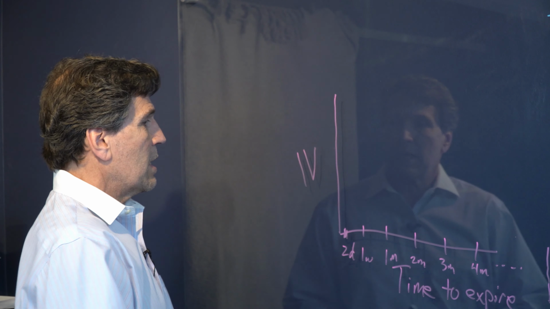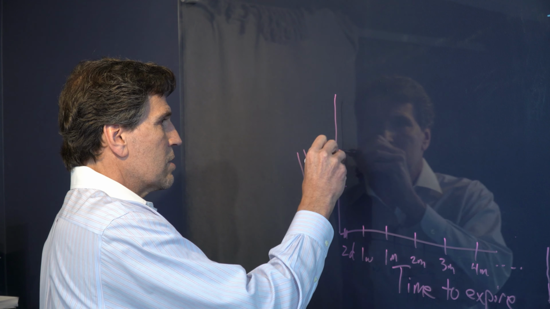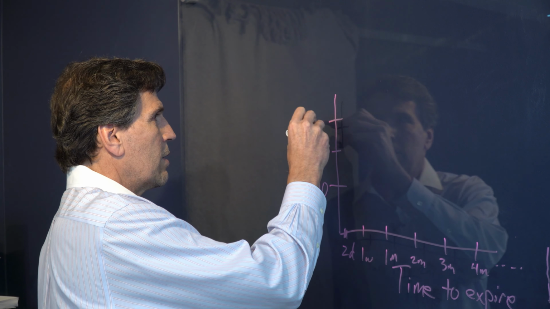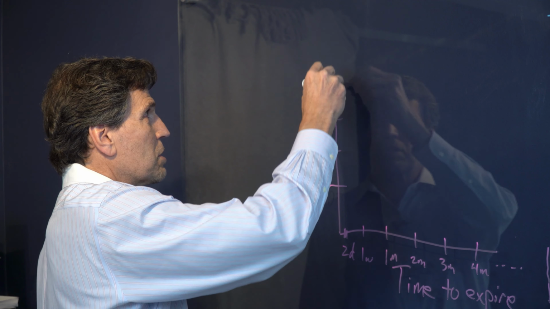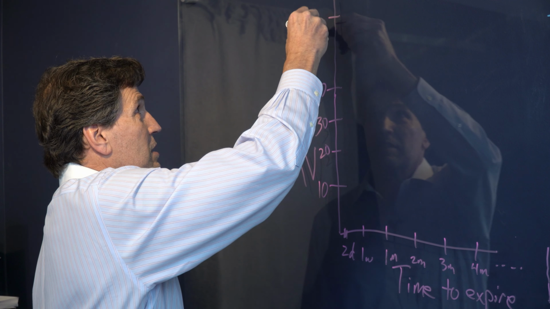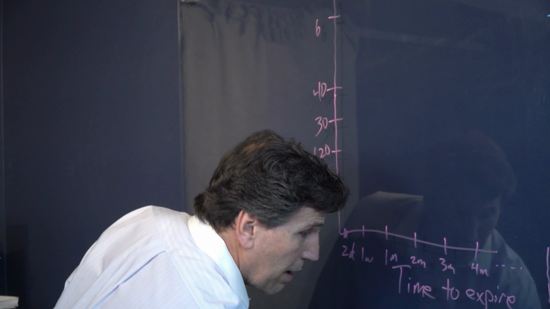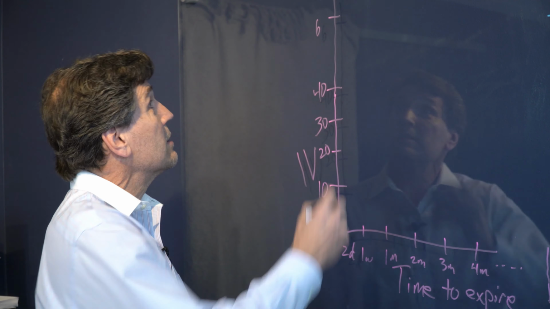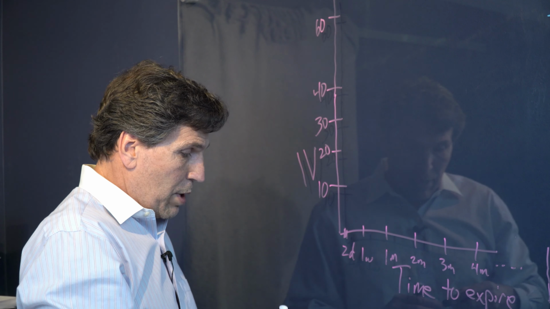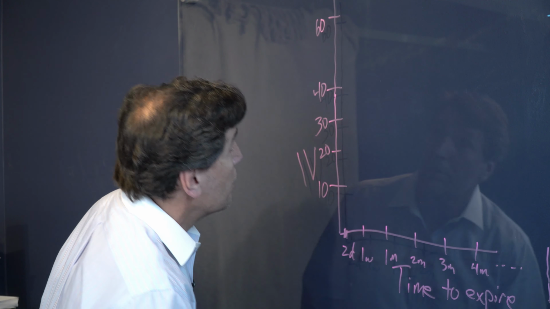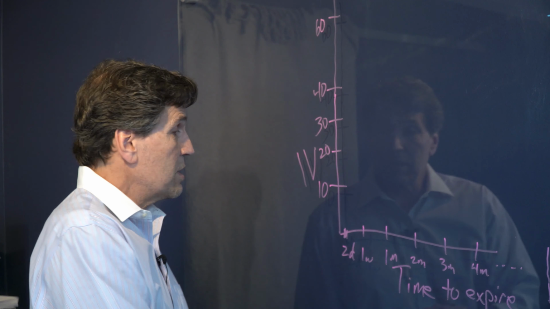Well, what we found is that in most instances, the volatility is going to be this. Let's say this is 10%, and then this is 20, and 30, and 40, and so on, and this goes on up to 60. So what we can do is draw the implied volatilities of the options at these different terms.